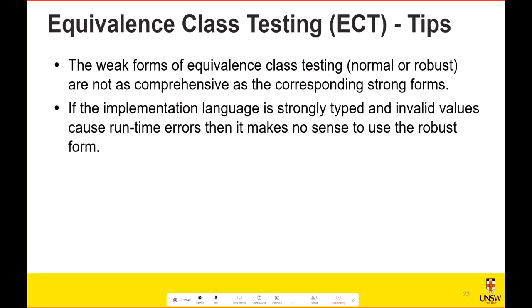And for some targets, they are implemented with a strongly typed or statically typed programming language, and the input values can cause runtime errors. So it makes no sense to do some robust testing. For example, Java is considered a statically typed programming language.